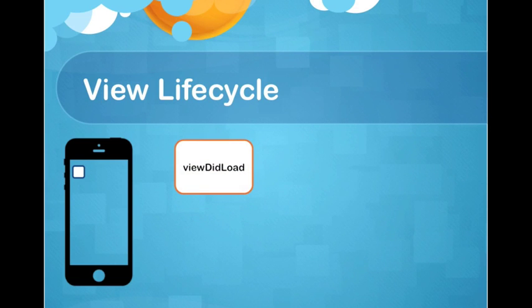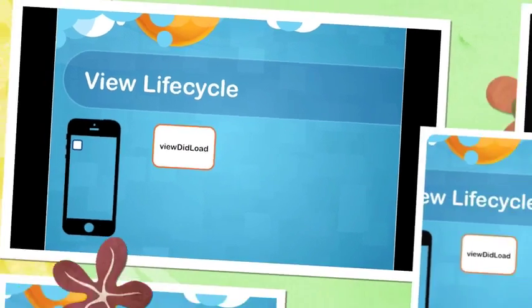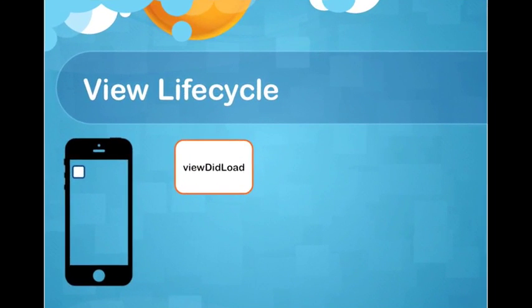The first method that is called is view did load. This is the most important lifecycle method. And this is a great place for initialization because it will be called one and only one time during the whole life cycle. And also all outlets are set.